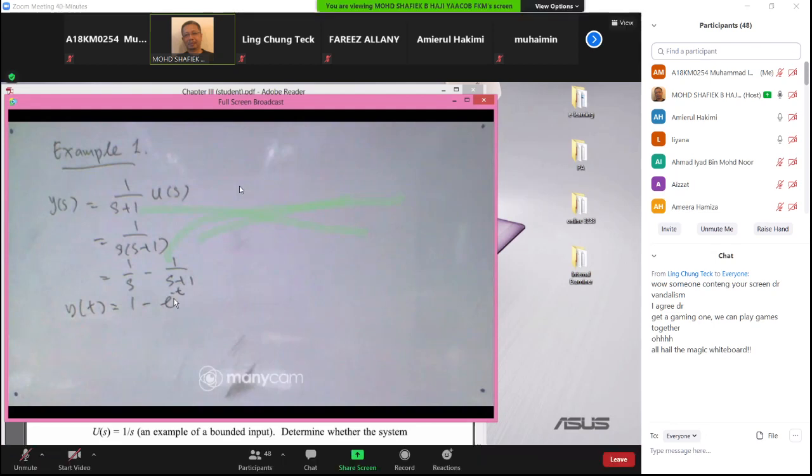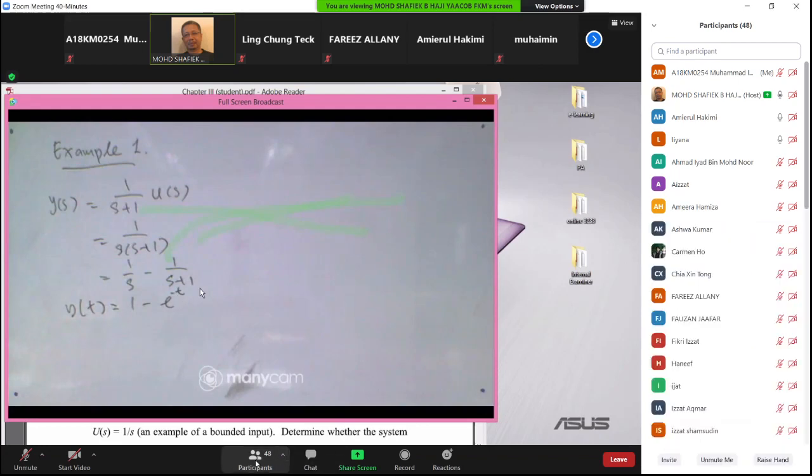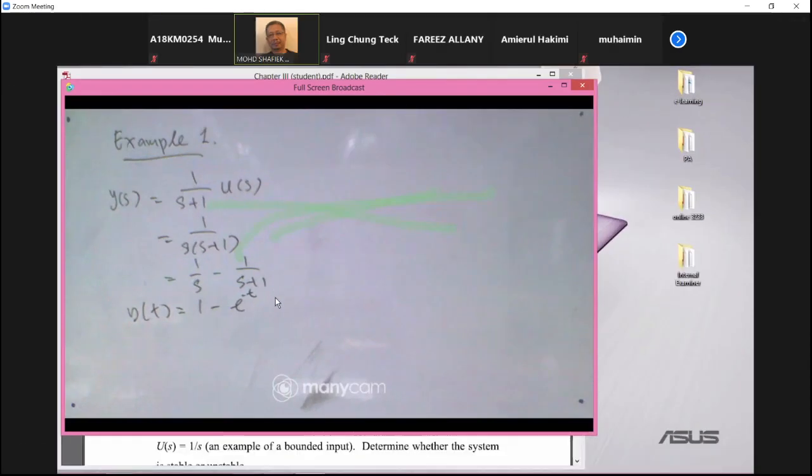See, the critical part here is the minus sign, e raised to the power of negative t. So as t approaches infinity, that's going to approach 0. So your final value is equal to 1.